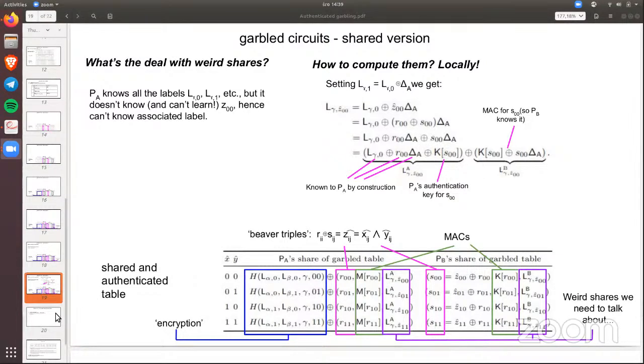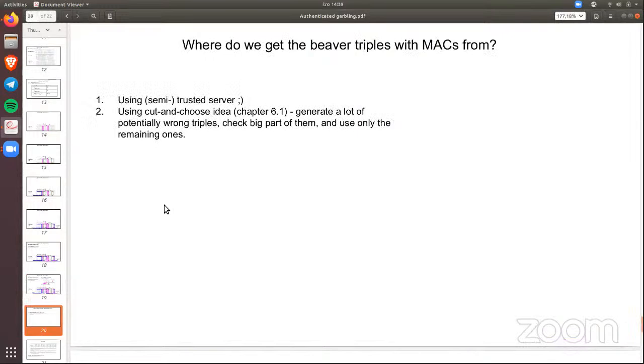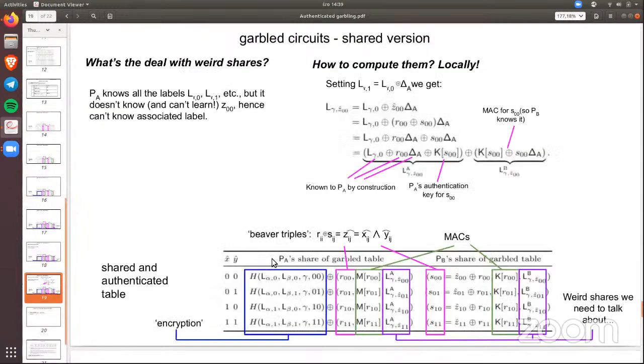And I know that it looks like a cliffhanger. Unfortunately, I'm not going to give a detailed answer on how to do it. The first idea is to use a semi-trusted server, of course. This is basically preprocessing, which is independent not only of the inputs, but also of the circuit.